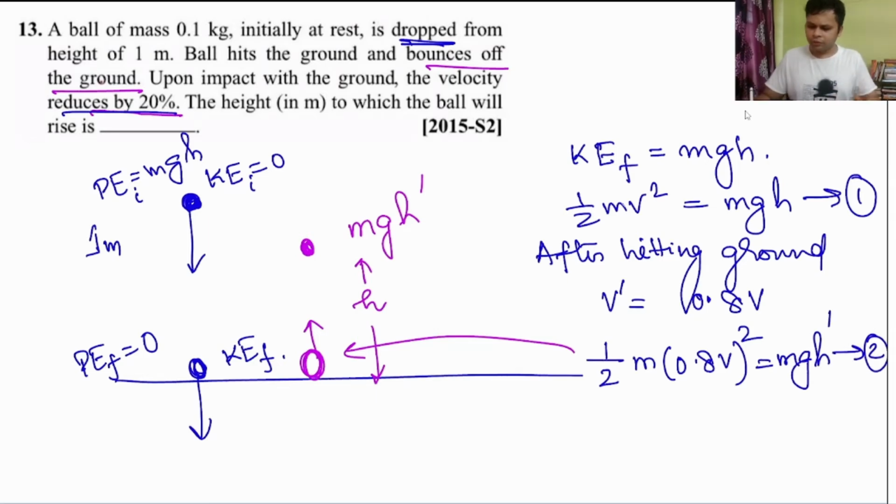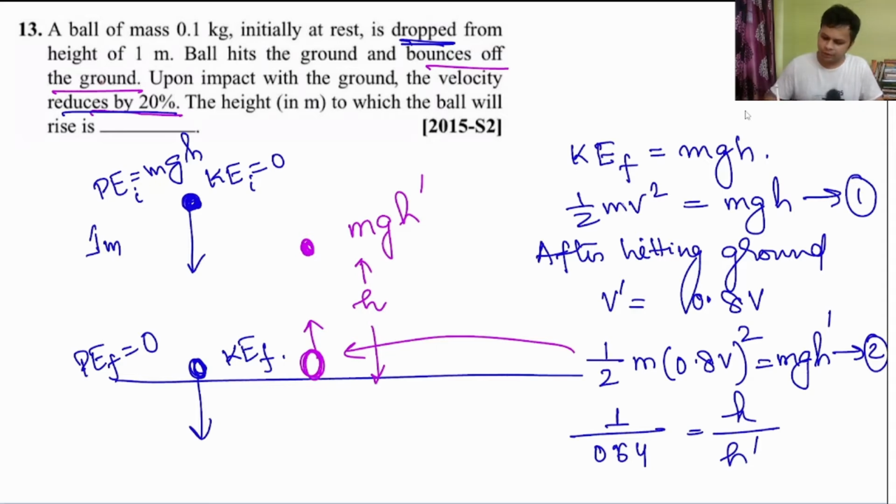You simply divide equation 1 and 2. Half mv square will go away. So 1 divided by 0.64 is equal to h divided by h dash, as mg will get cancelled out. From here you will get the value of h dash as 0.64 h.